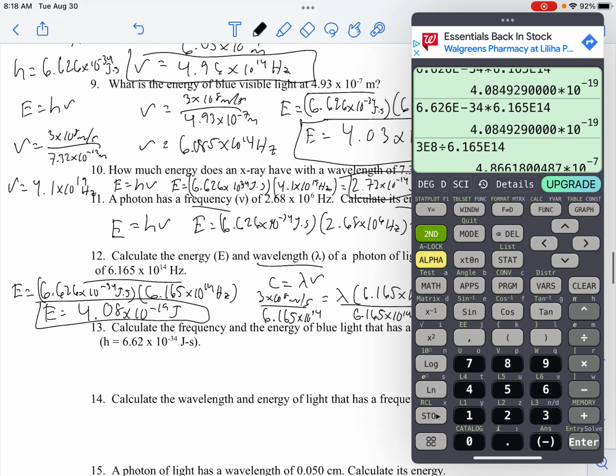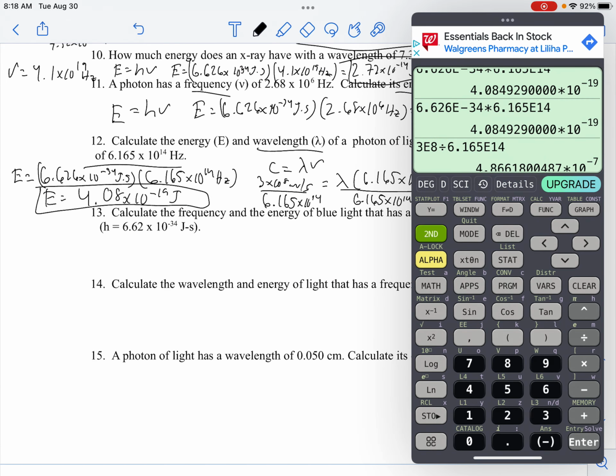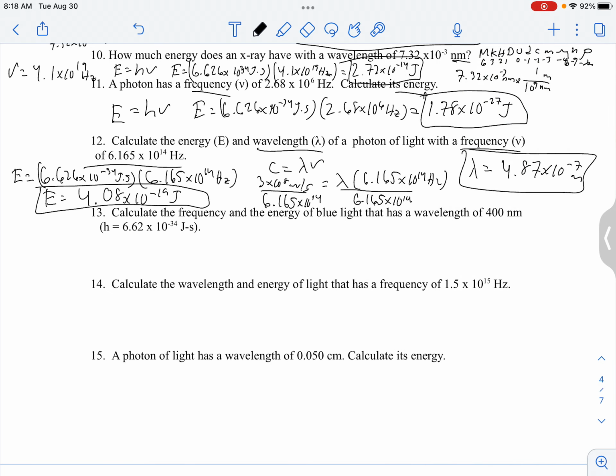Alright, continuing on, a couple more. Calculate frequency and energy. Blue light, wavelength of 400 nanometers. Again, got to use our conversion factors. Take 400 nanometers and convert it into meters.